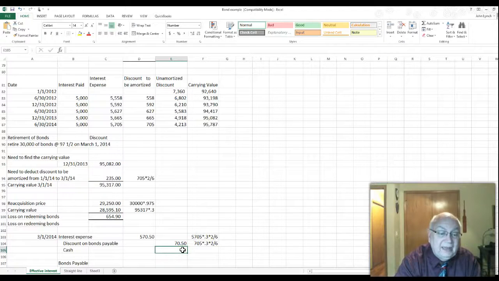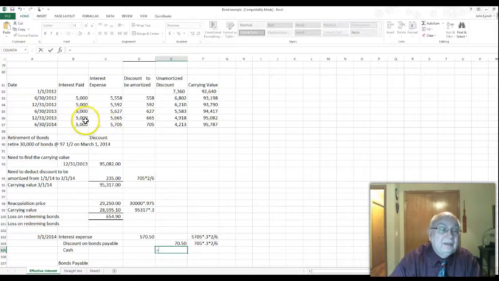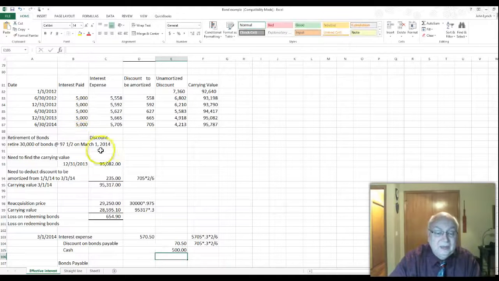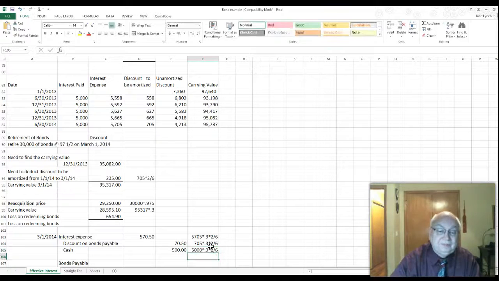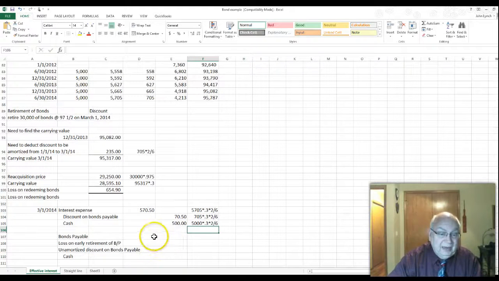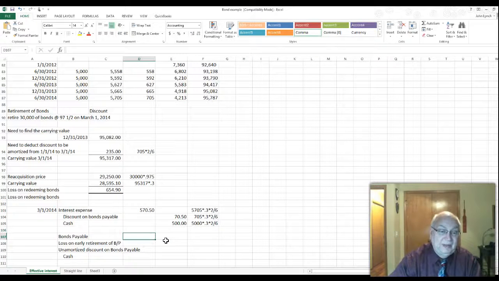And for the cash you're paying out, it's 5,000 times 0.3 times 2 divided by 6, which is the $500. That takes care of the cash, and that takes care of the interest that you owe.